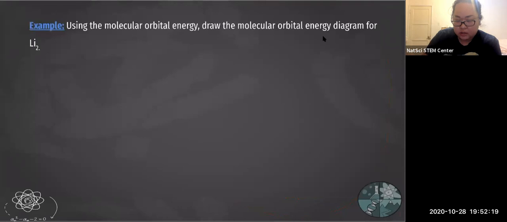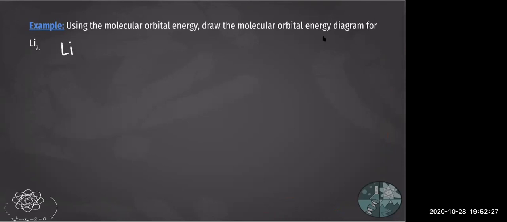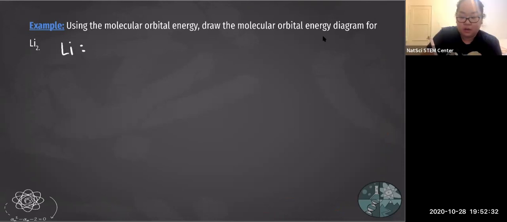So let's look at the first one, and it's lithium. So let's write out the electron configuration of lithium. And lithium is 2s1. So 1s2, 2s1. If it's Li2, you want to draw them like this. So there's Li here, Li here.